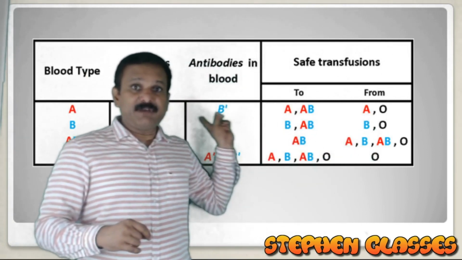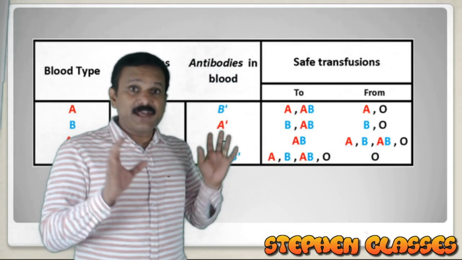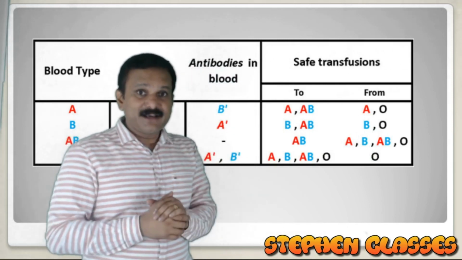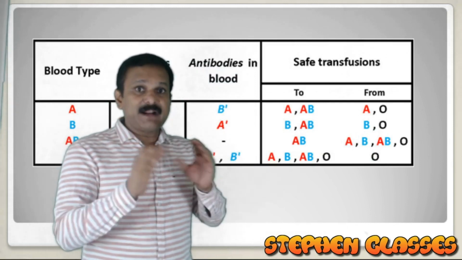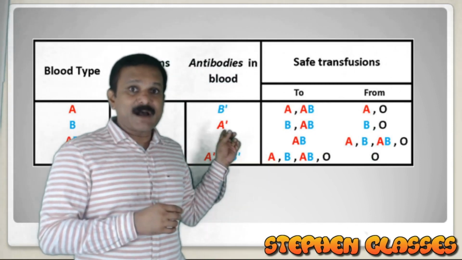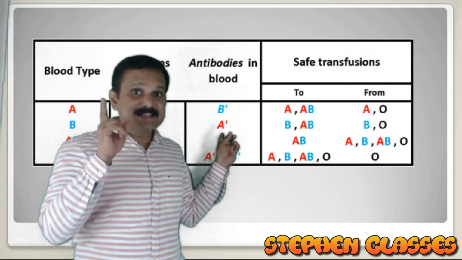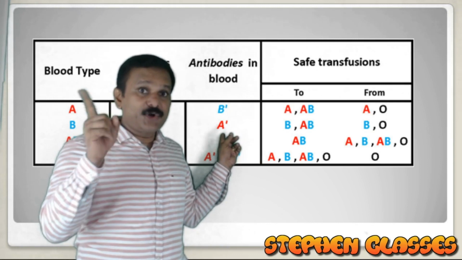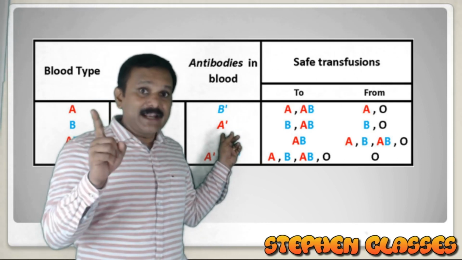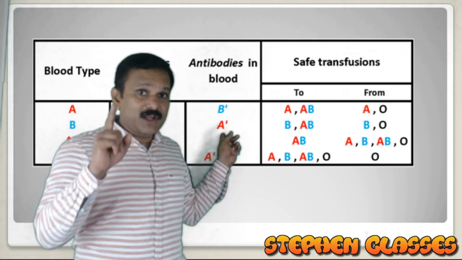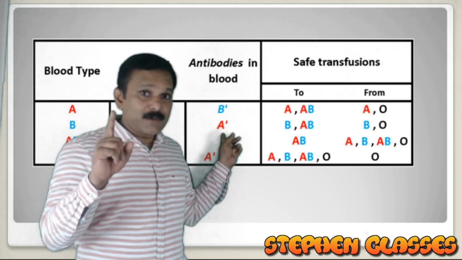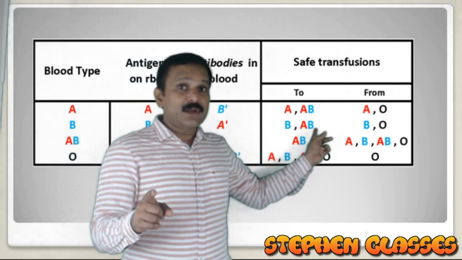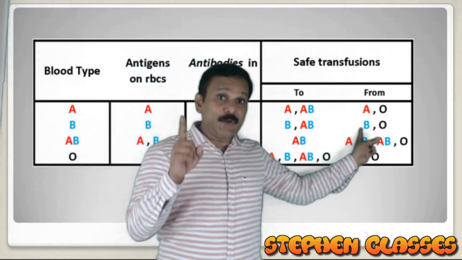When you consider the B group as a recipient, the second row is regarding the B group blood. In the case of a person with B blood group, the antibody in the plasma will be A. So here the donor should not possess antigen A. So A group and AB group cannot be the donor for the B group blood.